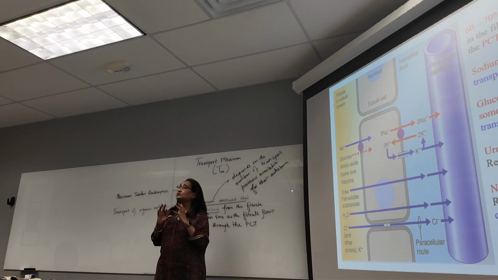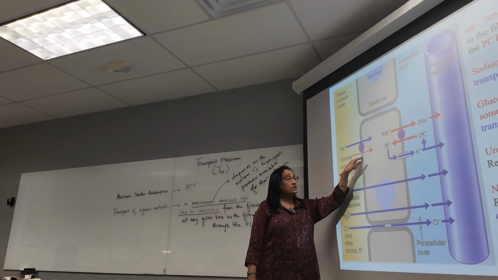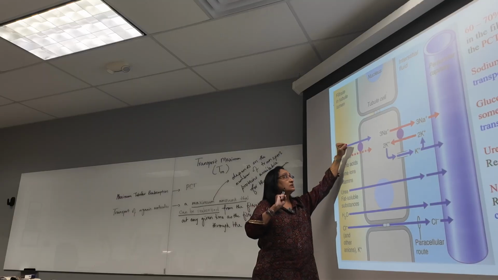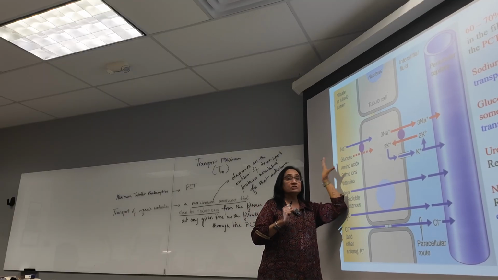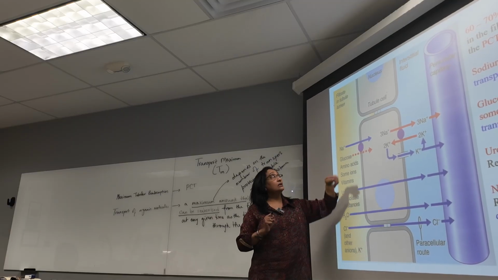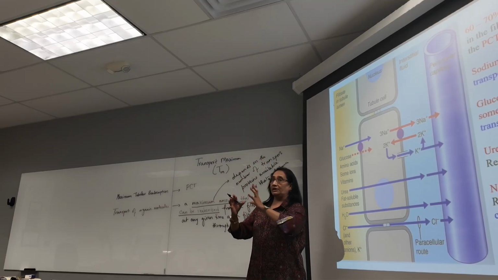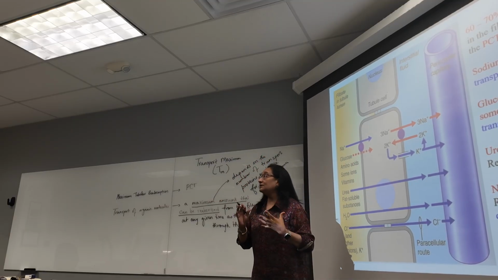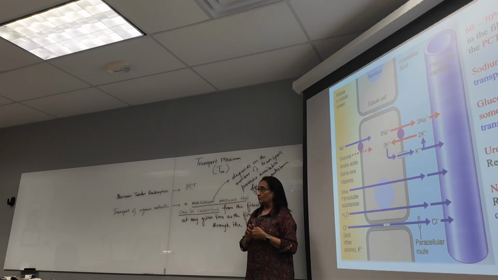So what this essentially means is that if all the transport proteins are saturated, they are bound to glucose, if there is extra glucose in the filtrate, it will not get reabsorbed, it will just have to pass, okay, until the next lot comes. So the filtrate is constantly flowing. So based on how many transport proteins are available, only that much gets transported.